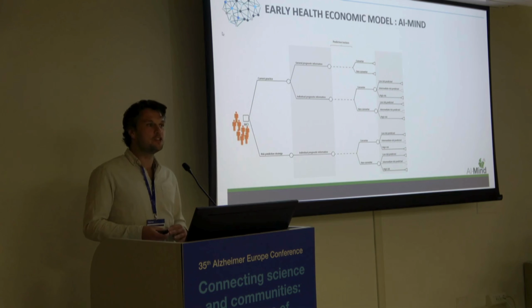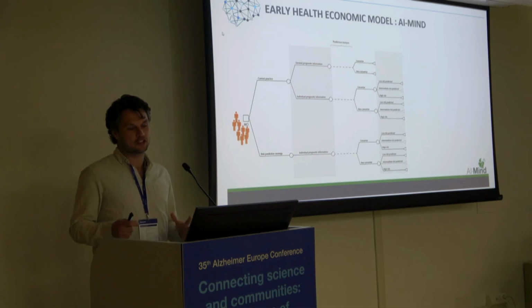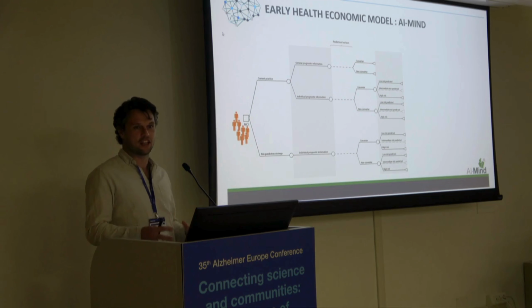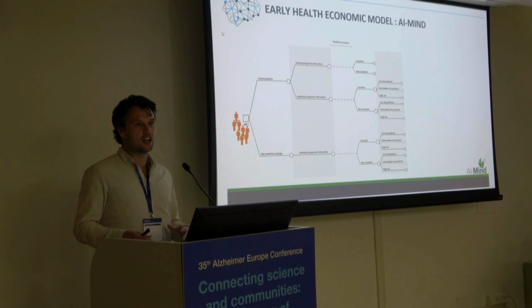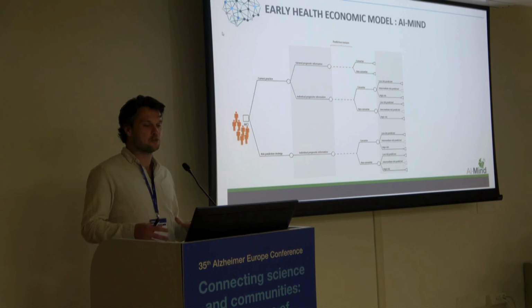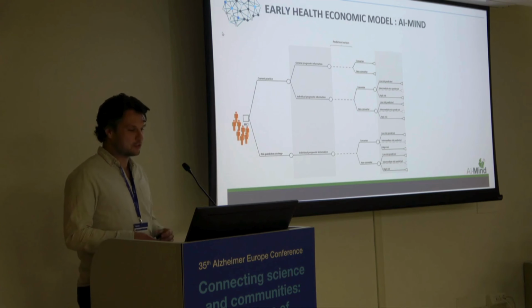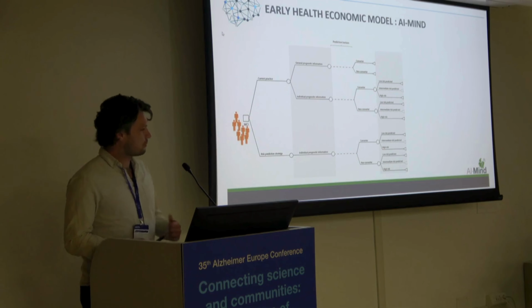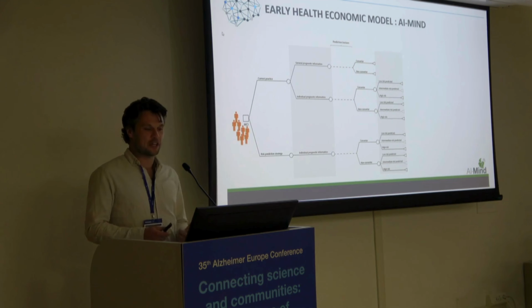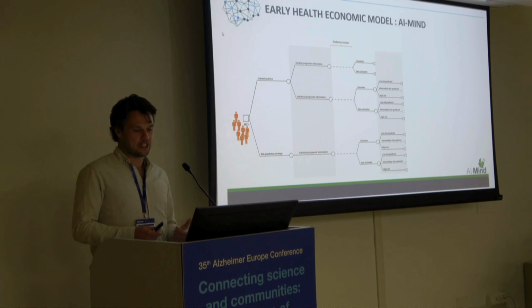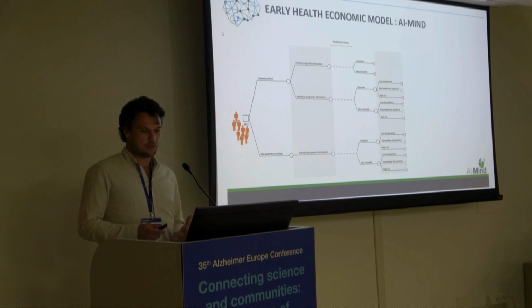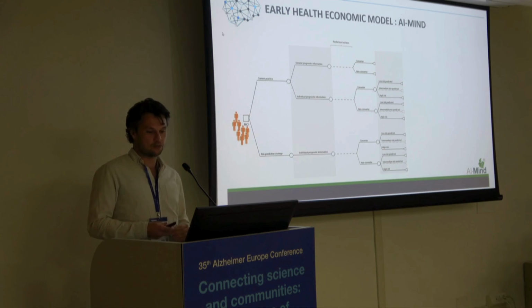And using existing data from current practice, you can fill in already a lot of this simulation model, so we can include already a lot of parameters here. For instance, what we can know is how many patients would convert in current practice when we do not intervene early, and how many would not convert.